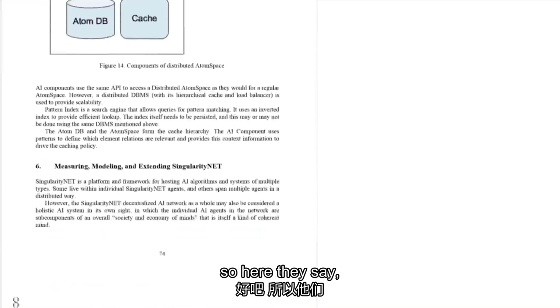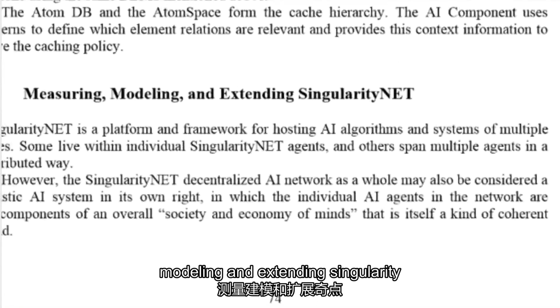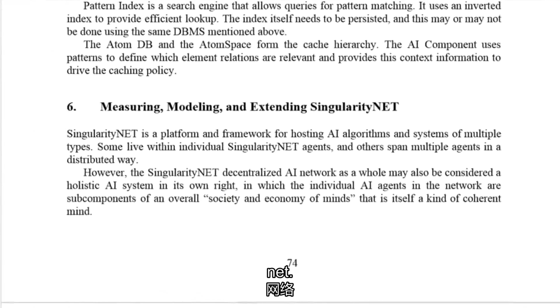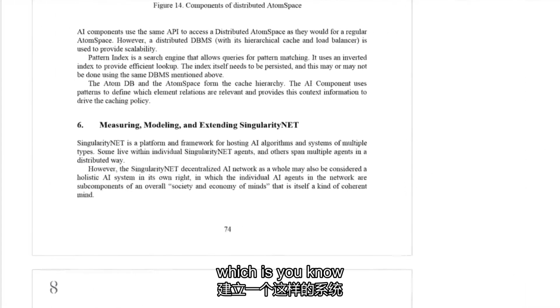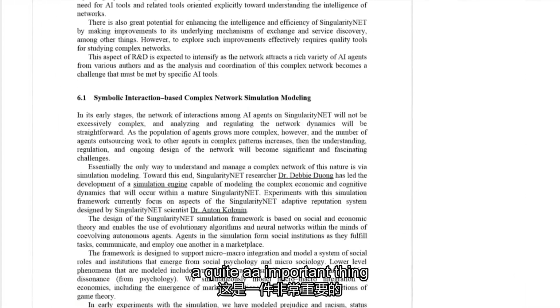Okay, so here they say measuring, modeling, and extending SingularityNET. So this is sort of their research on SingularityNET itself, which is quite an important thing if you build a system like this.